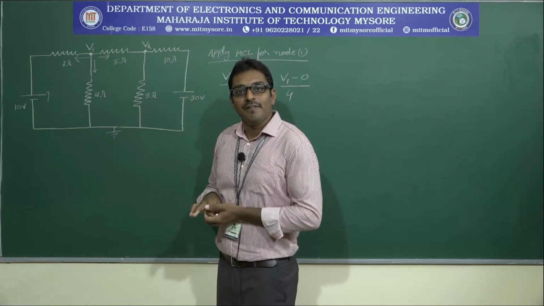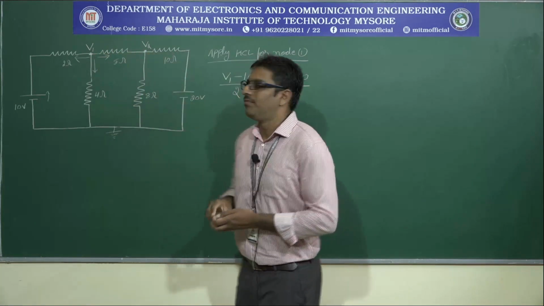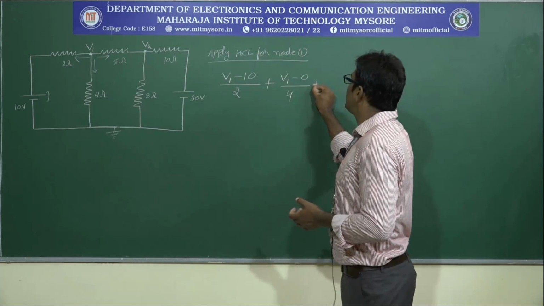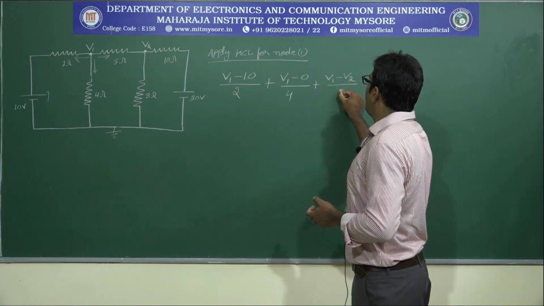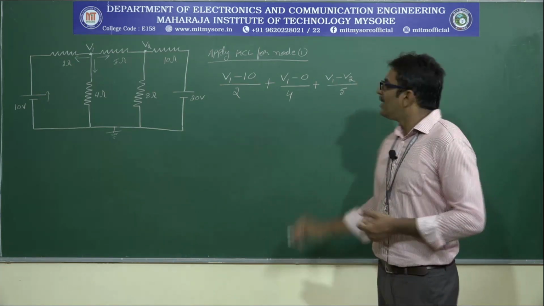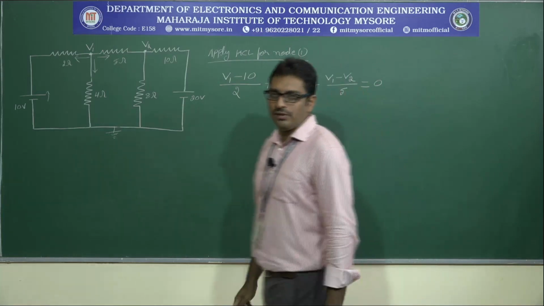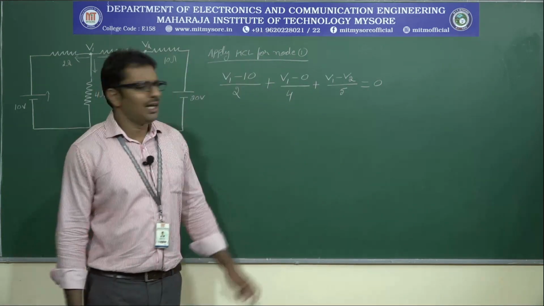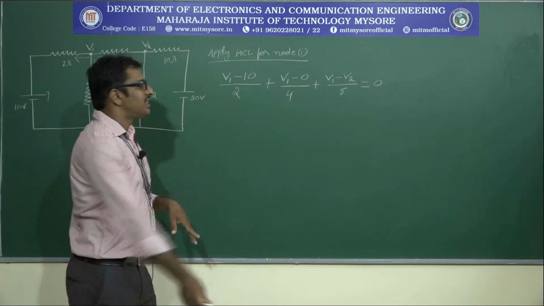Therefore, the potential difference across 5 ohm resistor is V1 minus V2. So, plus V1 minus V2 divided by 5. That is equal to 0, because there is no other branch connected to the node point. Is that clear? So, later we can simplify this equation. How can we simplify this equation?